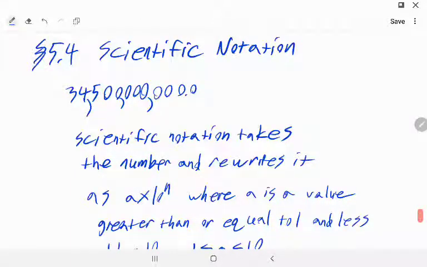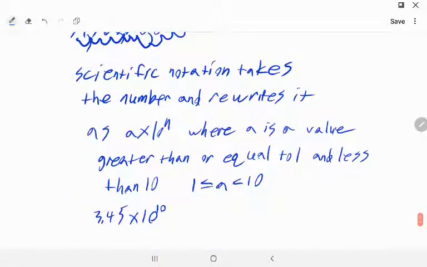We could imagine 34 billion 500 million point 0, and we count off 1 space, 2, 3, 4, 5, 6, 7, 8, 9, 10. And if we count that way, we have to be very careful. If you do it too fast, it's easy to get confused.